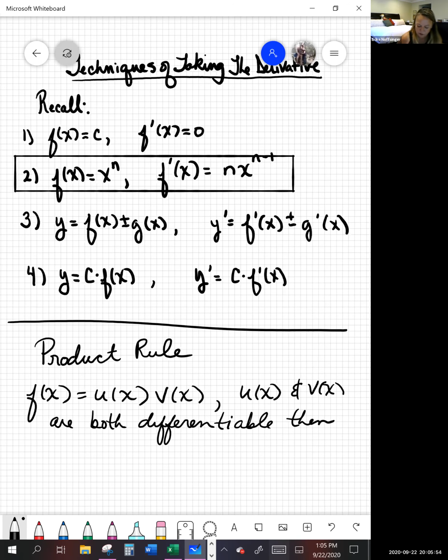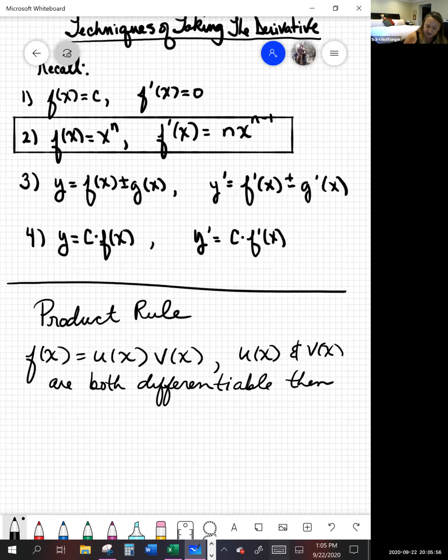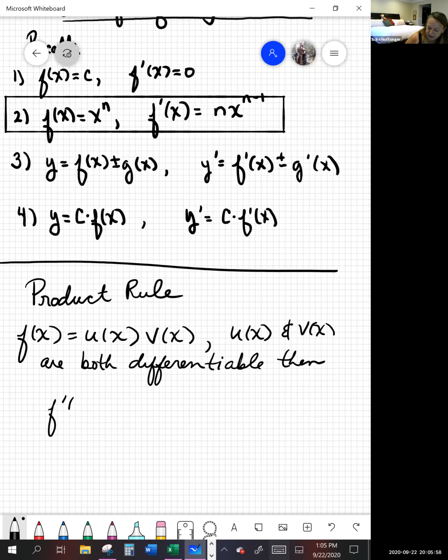Then, when we take the derivative of this, f prime of x, this is going to equal the derivative of the first, so u prime of x, times the second function, v of x, plus the first function, u of x, times v prime of x.